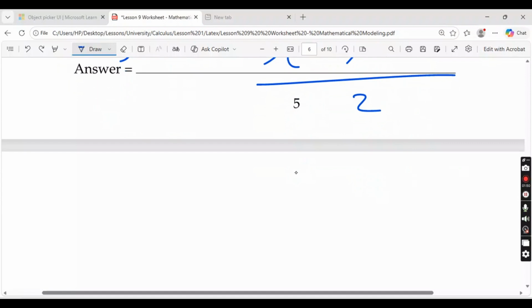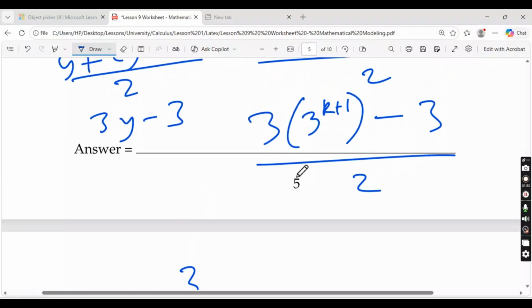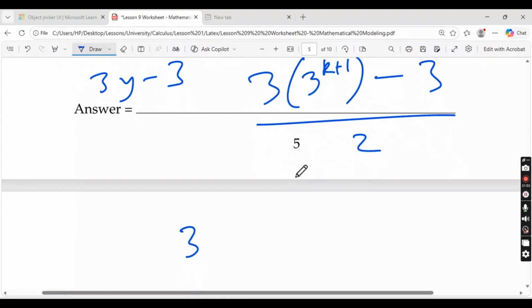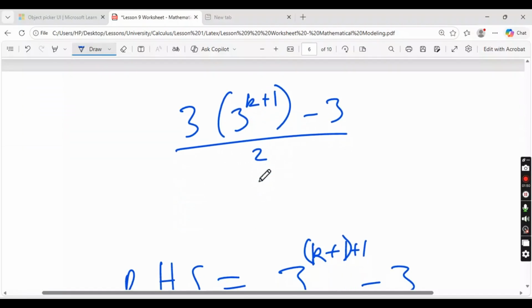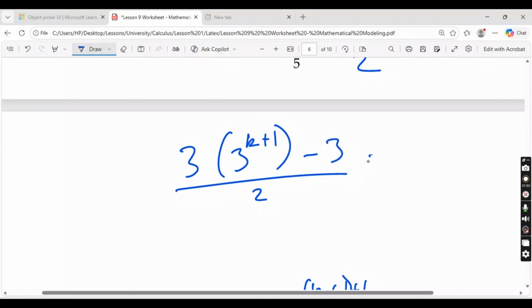Okay, so can you provide a step in between that can show us, because you are just saying from this to this? Can you show us a step in between? When I meant step, I was thinking of you saying 3 to the power 1 plus k plus 1.